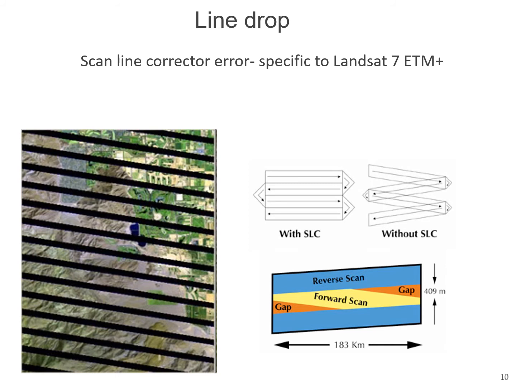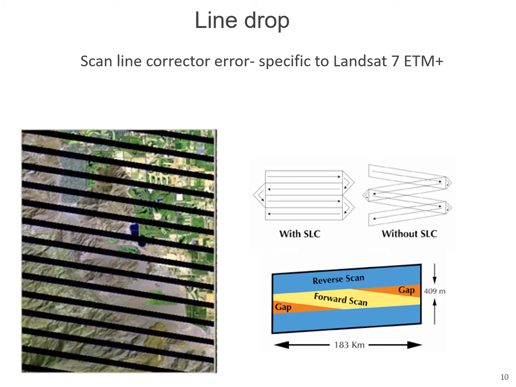A much later problem occurred with something called the scan line corrector in Landsat 7. Landsat 7 collected good data for 3 or 4 years, and then problems occurred.